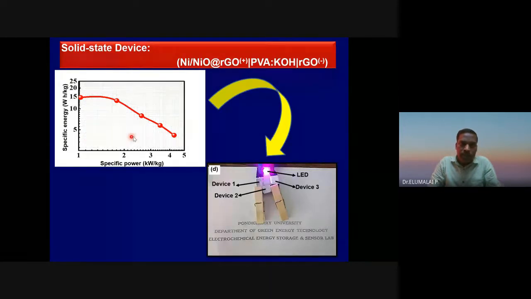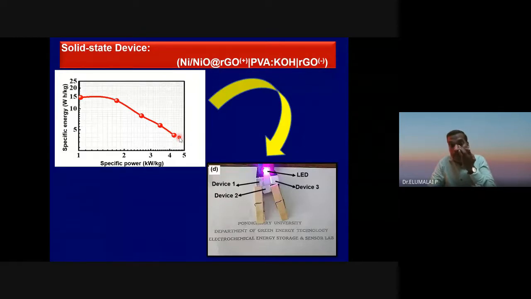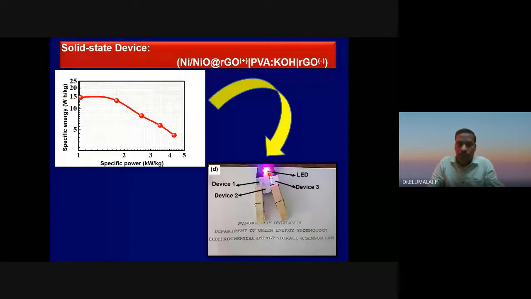How much is the power density? 4000 watt per kg. What is the device size? It's about 1 by 1 centimeter. There are 3 supercapacitors here connected in series, and it could light this LED for more than 5 hours or some hours, some minutes.